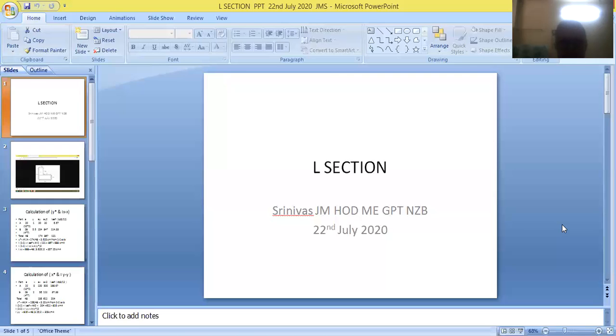That is, moment of inertia about the x-axis is called Ixx, and moment of inertia about the y-axis is referred to as Iyy. So Ixx is used for indicating the moment of inertia about x-axis, and Iyy is used for indicating the moment of inertia about y-axis.